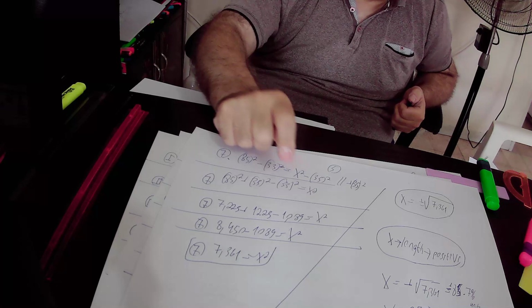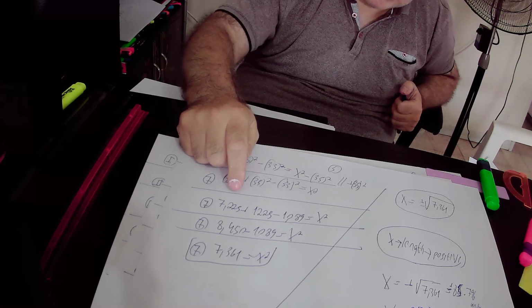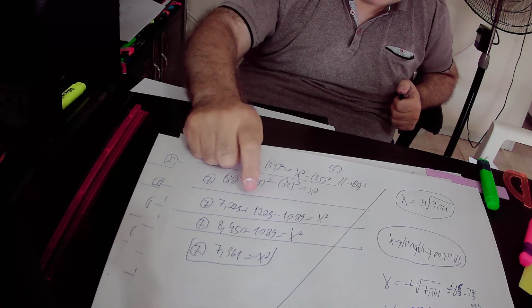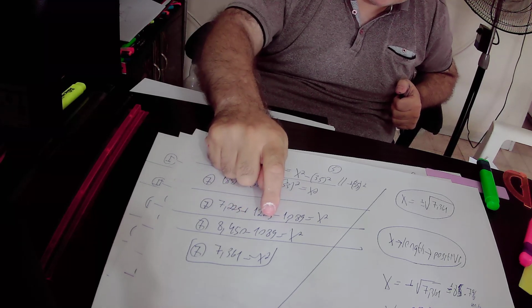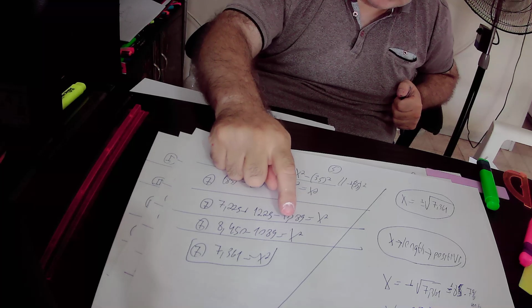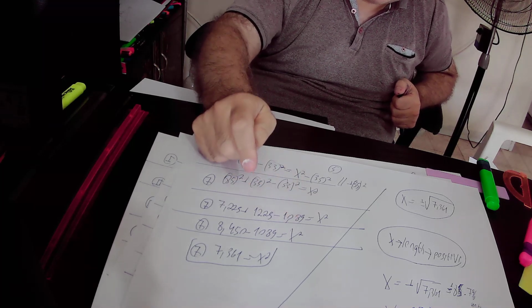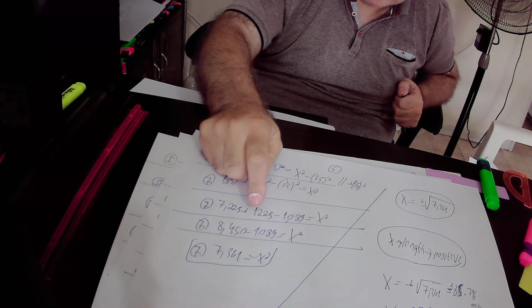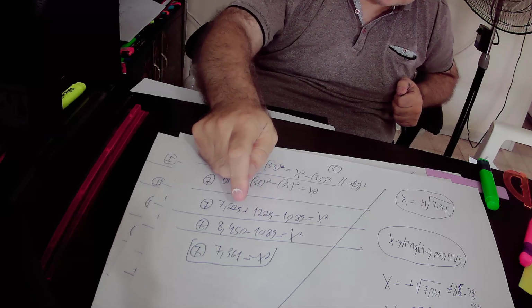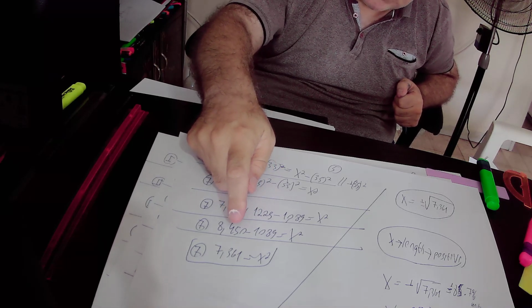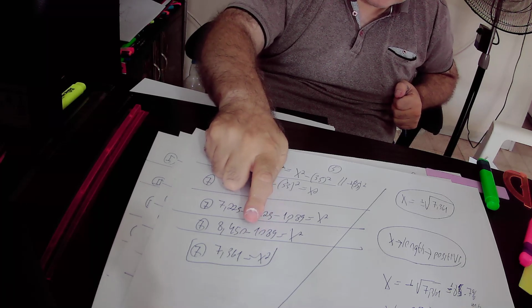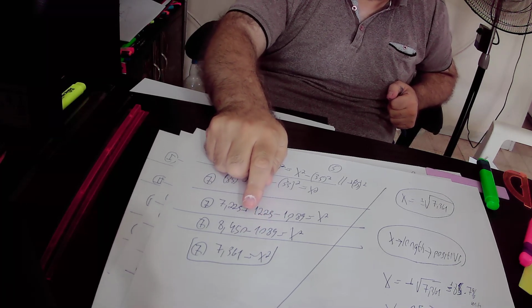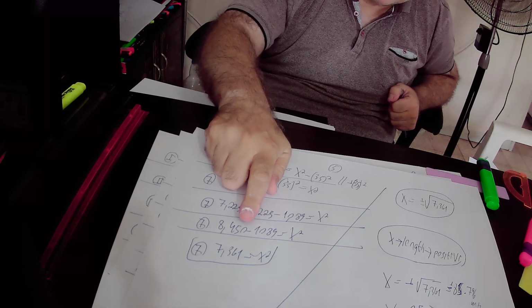That is equal to x square. 7,225 plus 1,225 is 8,450 minus 1,089 is equal to 7,361. That is equal to x squared. So according to equation number 7, we found out that x squared equals 7,361.